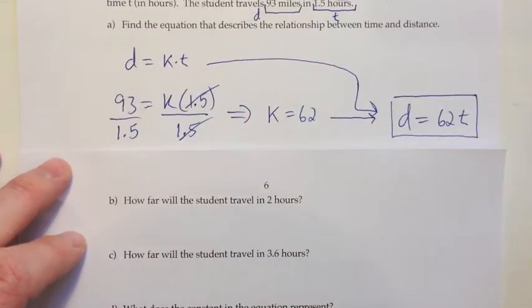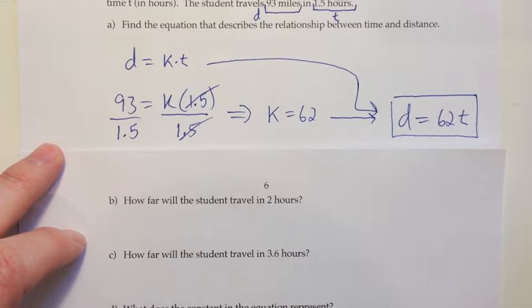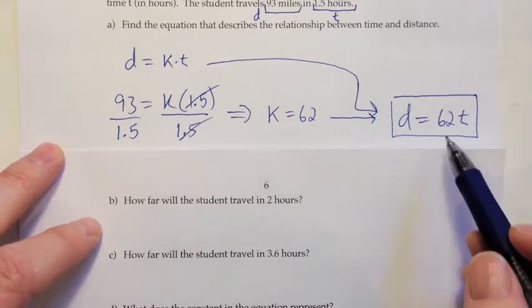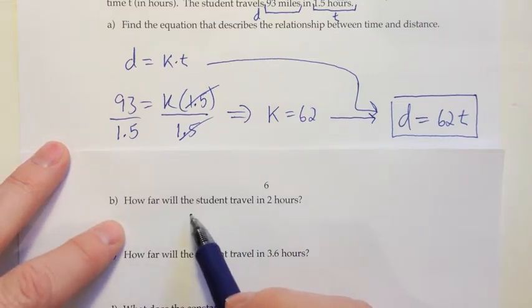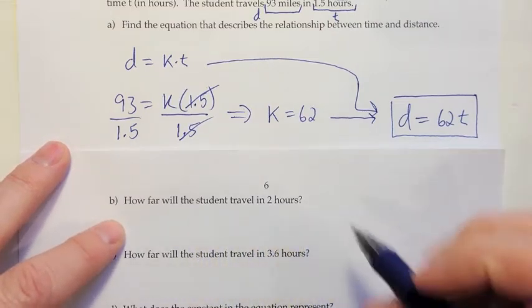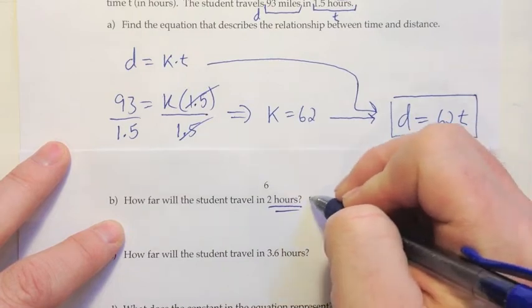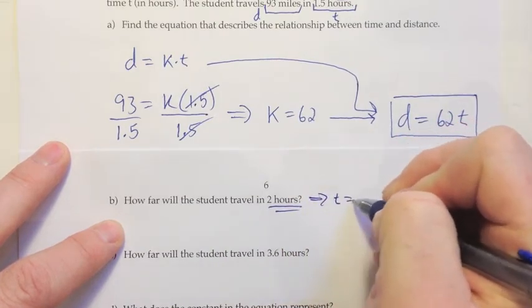Okay, moving on to the next page, we're still just continuing on with that previous example. We have our equation set up, and now they're starting to ask us some questions about it. How far would the student travel in 2 hours? So when they give us the 2 hours, they're telling us that t equals 2.